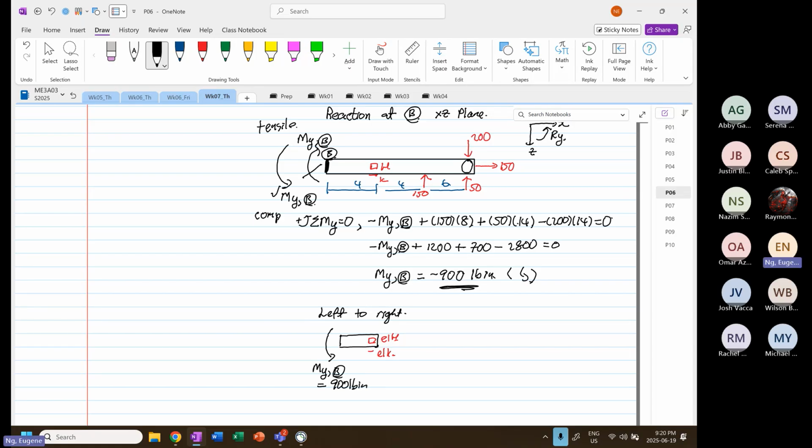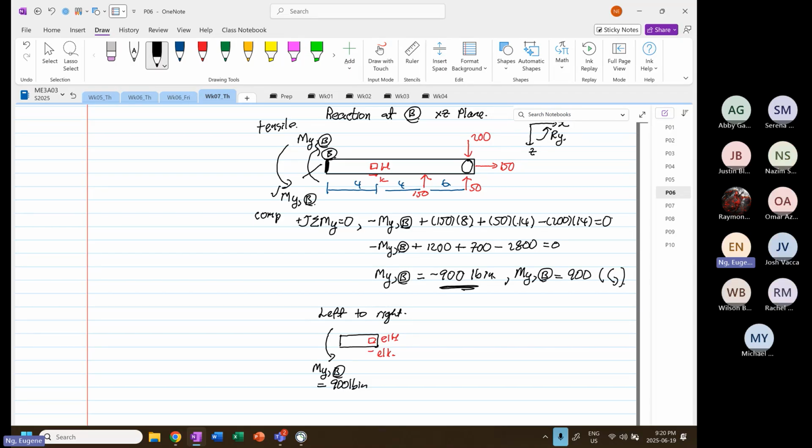Sorry, I should not have done this. This should be MY at point B is equal to 900. And you have to draw the arrow going down this way, right? So MB, which is 900, then positive shear, positive bending moment assumption, MY at point A, right?